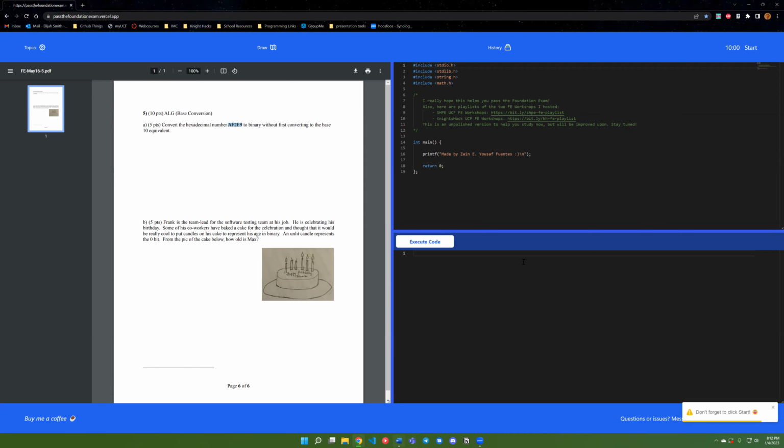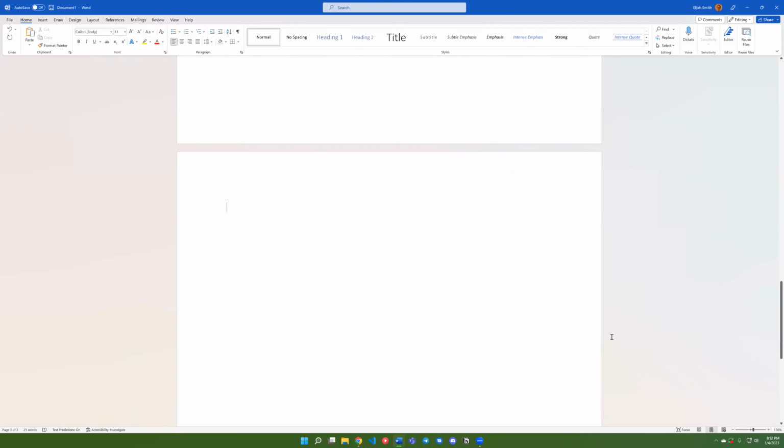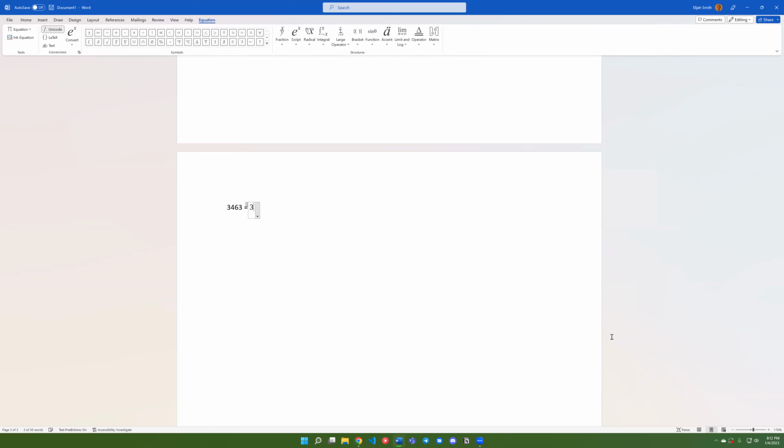So, just a quick recap of what bases are. All of our numbers are in base 10, which means that all of the digits of this number are in increasing powers of 10. So this number can be expanded out as 3 times 10 to the third plus 4 times 10 to the second plus 6 times 10 to the first plus 3 times 10 to the 0.